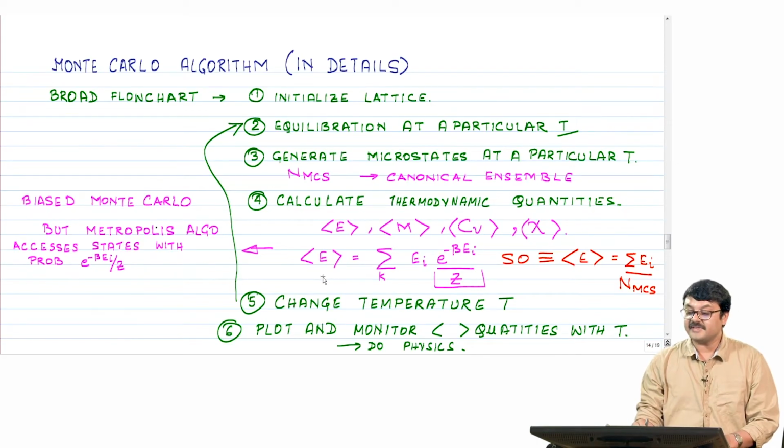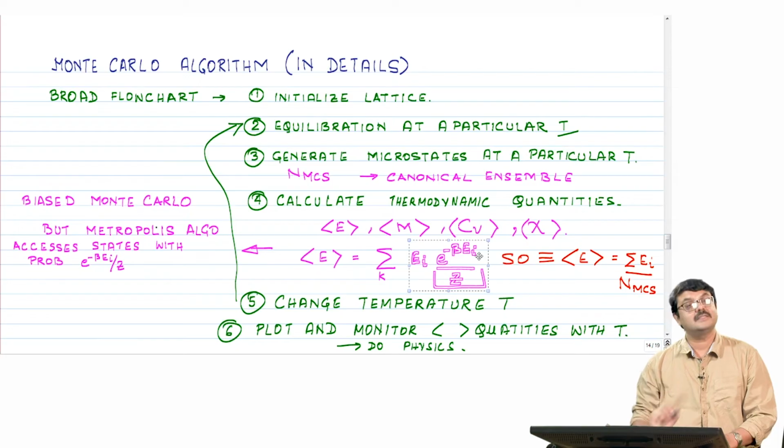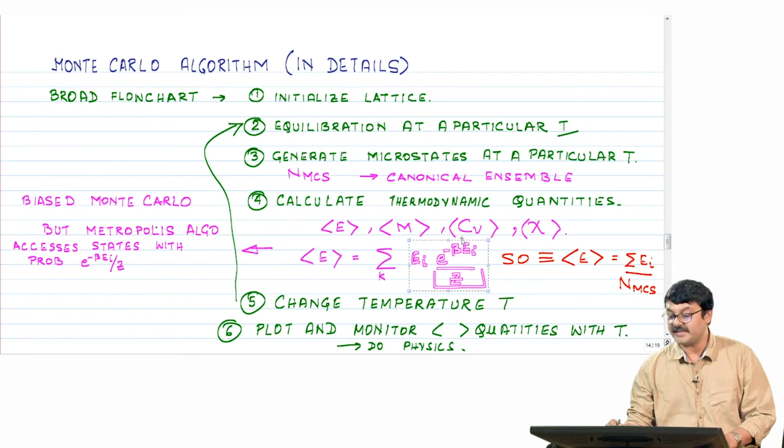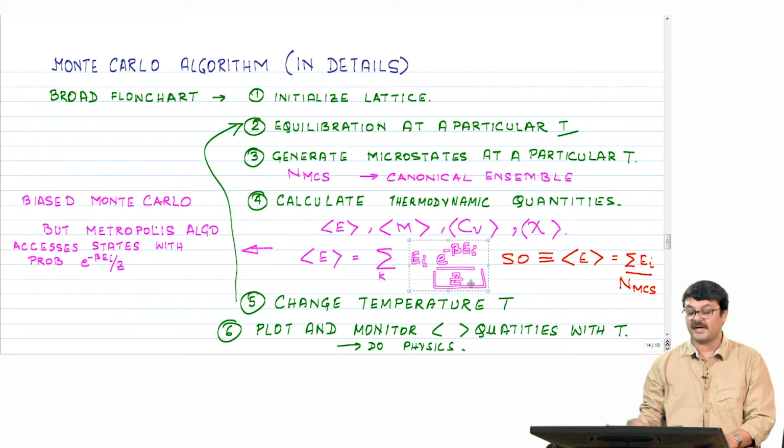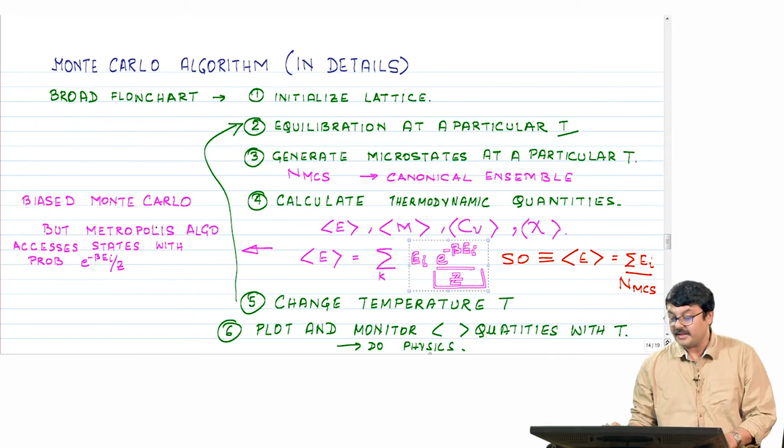And the statistical physics formula is essentially the energy of a microstate times the probability of accessing that microstate, which is given by e to the power minus beta E_i by Z, Z being the partition function. This is the so called probability of accessing a particular microstate in a canonical ensemble, right.